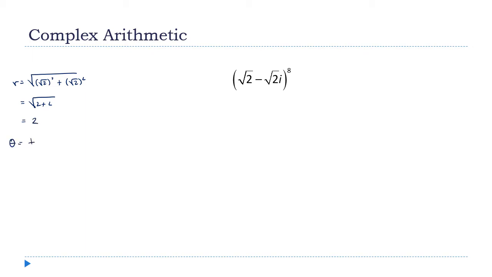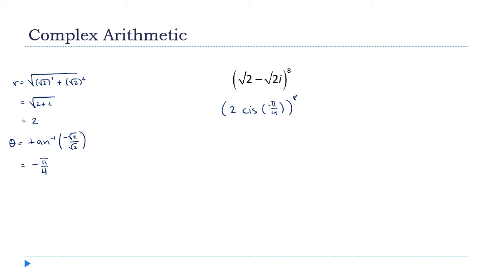And theta is the inverse tangent of negative square root of 2 over the square root of 2. That's negative 1, and the inverse tangent of negative 1 is negative pi over 4. Now, I'm fine with getting a negative angle here. So that means my number here is 2 cis negative pi over 4, to the 8th.